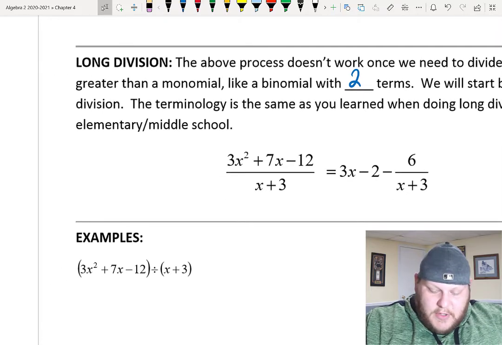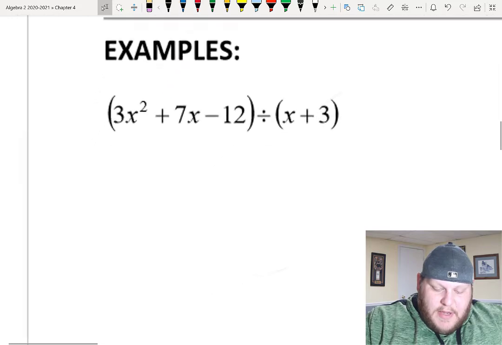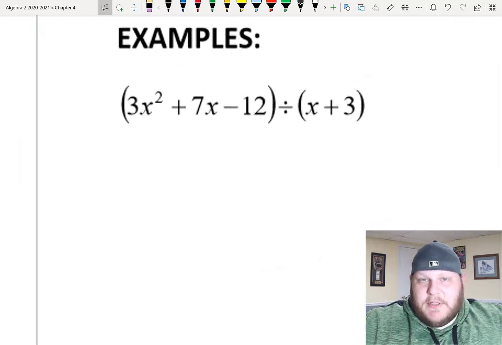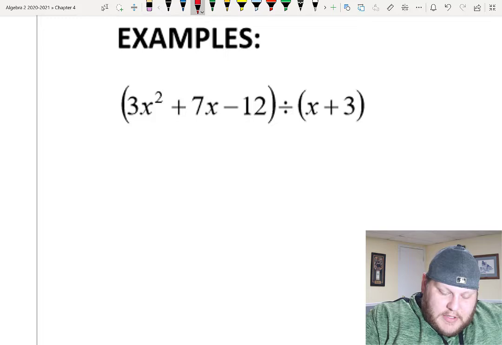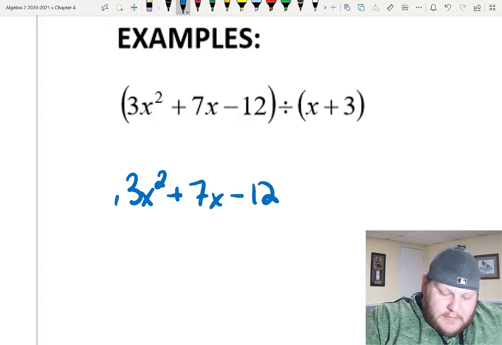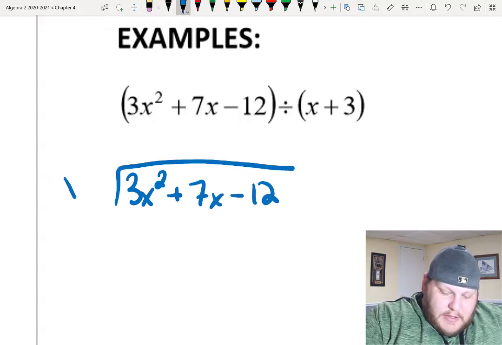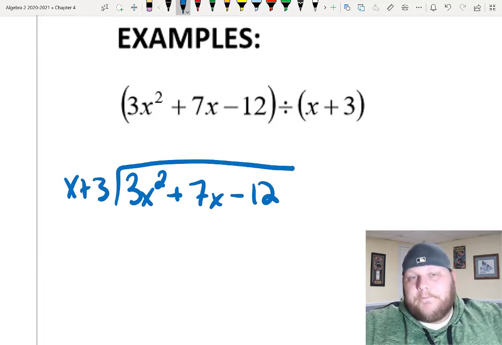So this is 3x squared plus 7x minus 12 divided by x plus 3. I'm going to set it up just like I did before with division. Let's do this in blue: 3x squared plus 7x minus 12 is being divided by x plus 3.